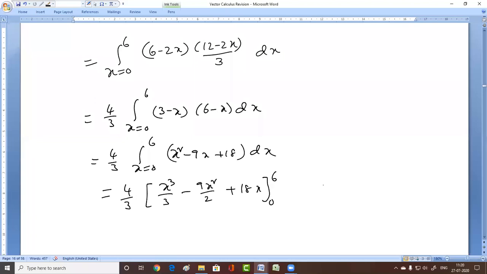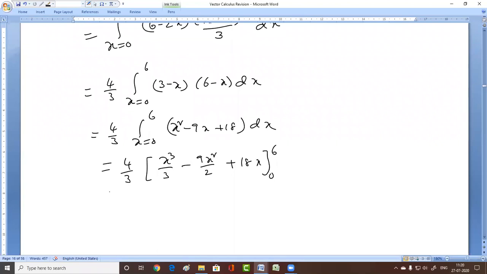Now substitute the limits. 4 by 3 times: 6 cube is 216, 216 by 3 is 72, minus 9 times 36 by 2, which is 162, plus 18 times 6, which is 108.